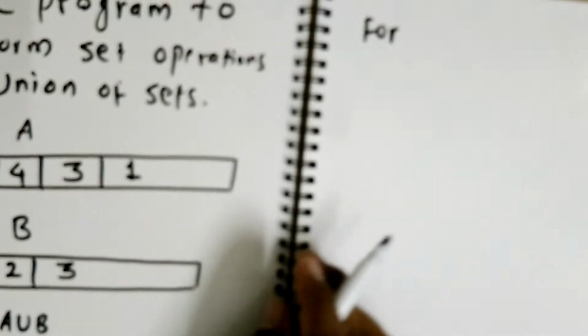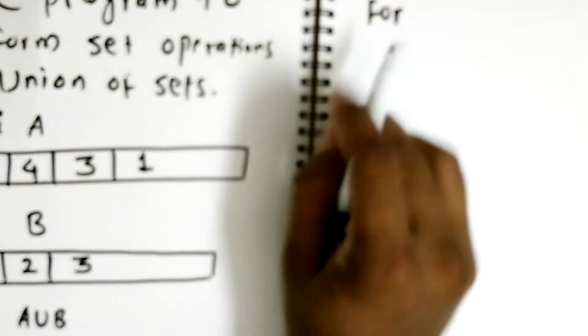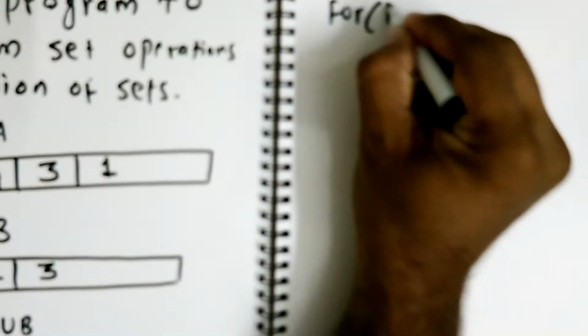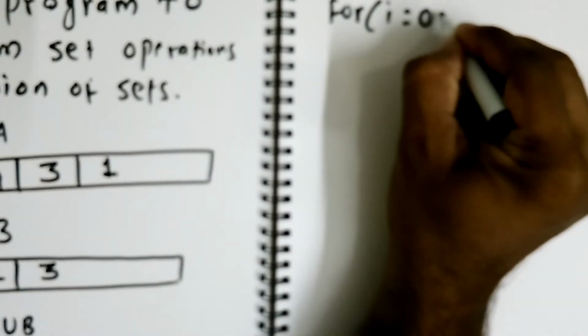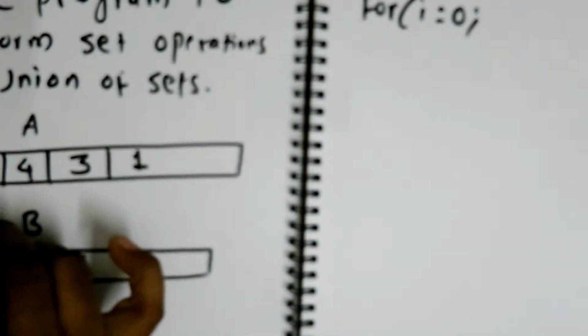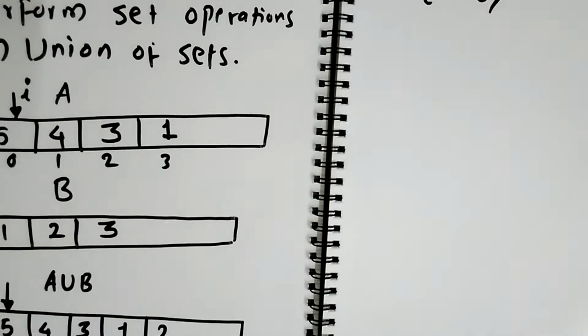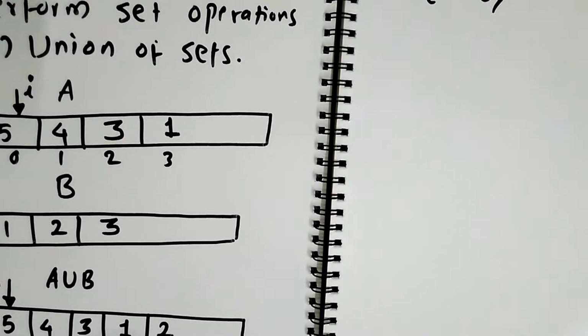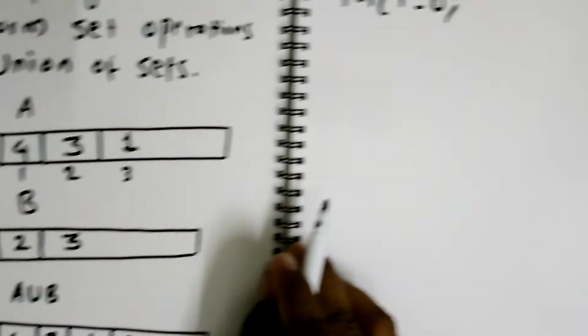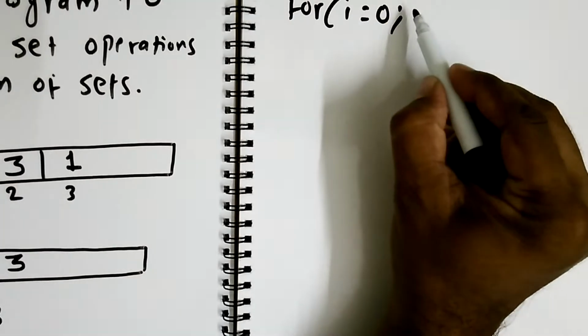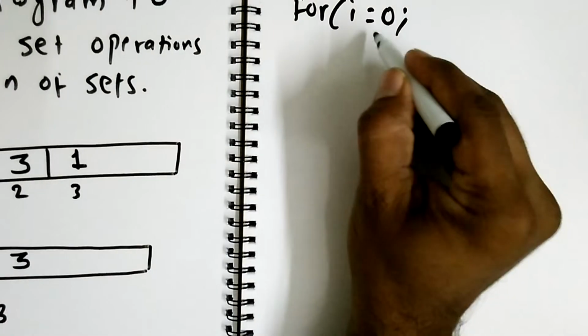So for i assigned to 0, I want to start copying from the 0th position of array A: 0, 1, 2, 3, and so on. So that's why I'm starting at 0.